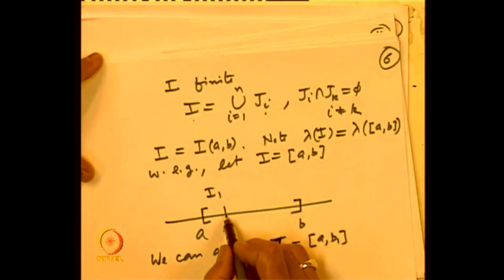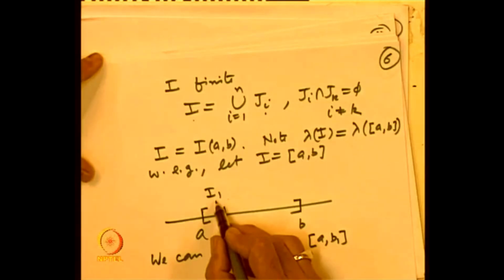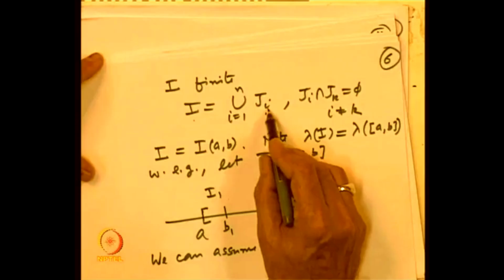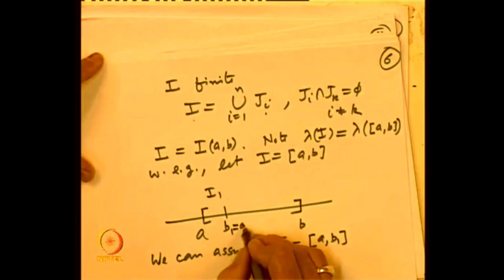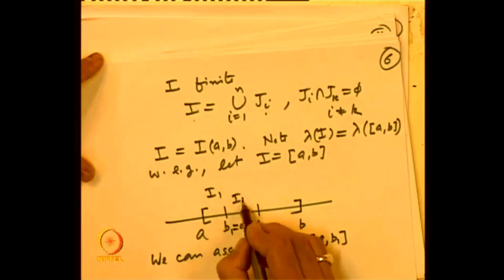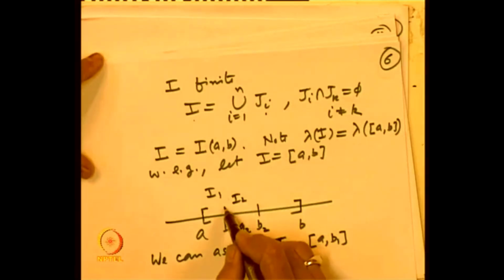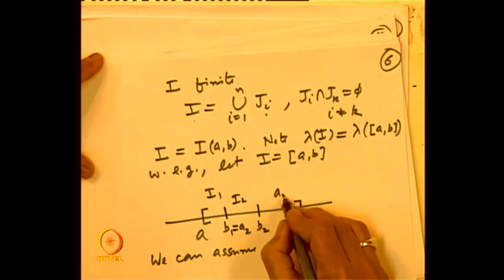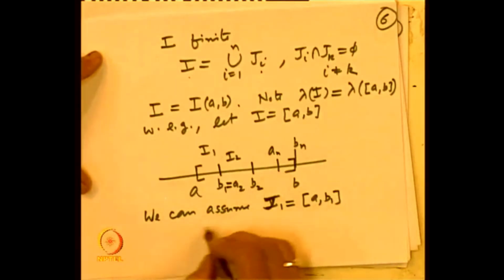Now the point B1 is again in that union. So either it is already included in the interval J1, or it should be the endpoint of another interval in the union J1, J2, ..., Jn. So the second one must start here and end somewhere, that is B2. Some other interval, we can rename it as J2, should start again at B1 and end at B2, and so on. The last one will be An, and that should end at Bn.